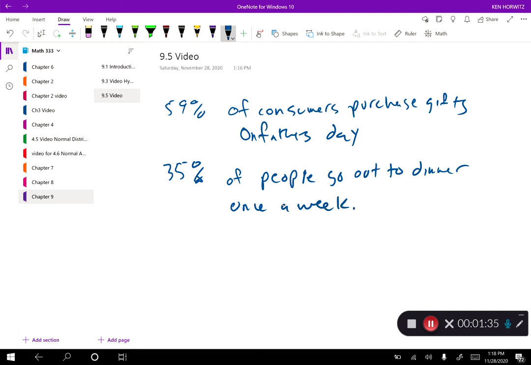All right. So whenever you see some sort of a percentage of the population, that indicates that we're looking at a proportion.